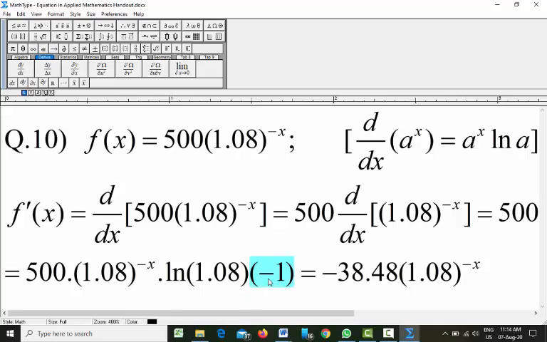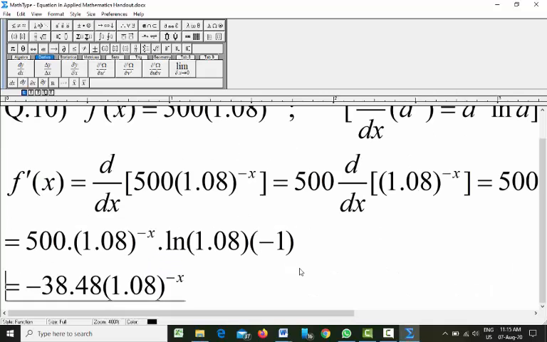Now you can multiply this minus 1 with this ln 1.08 and with this 500, but you cannot multiply with 1.08, because this is not available. This is locked by this power. So how do we do it?